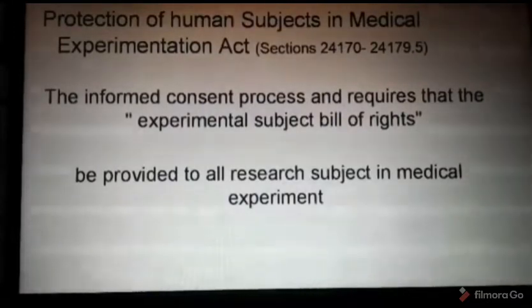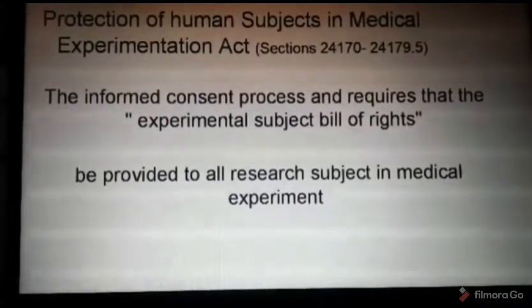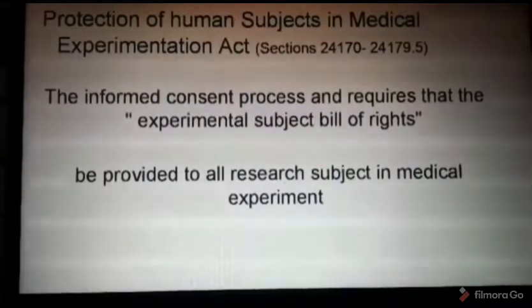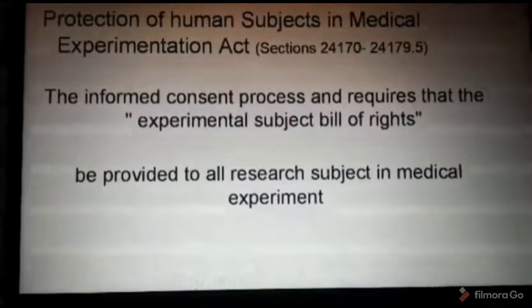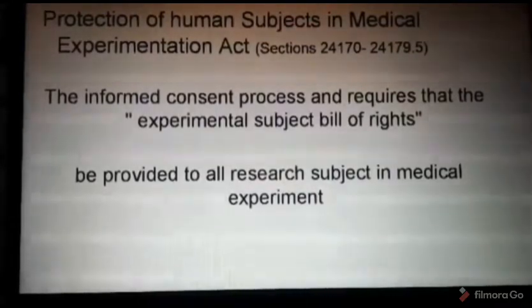This Act talks about human rights, in which the person who is used for the experiment must be legally informed and consent if he or she would allow the experiment to happen. It provides for conducting research and medical experiments with proper consent.